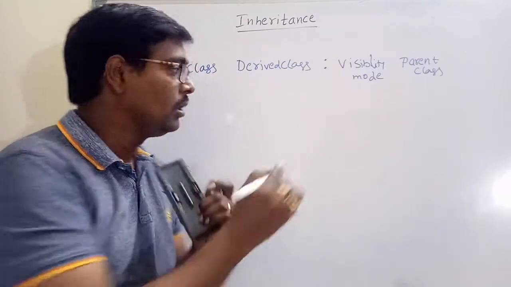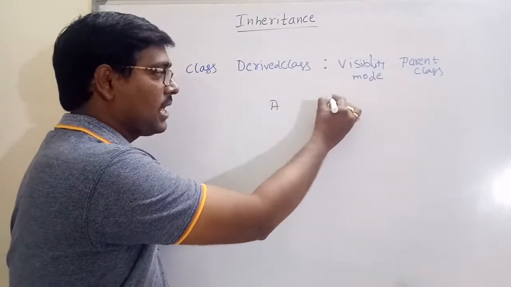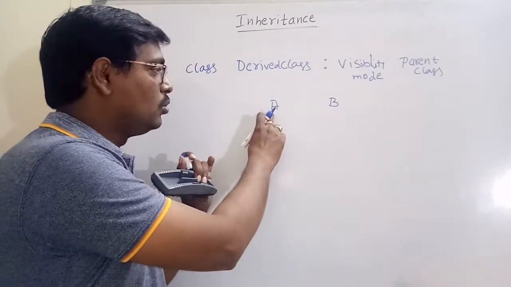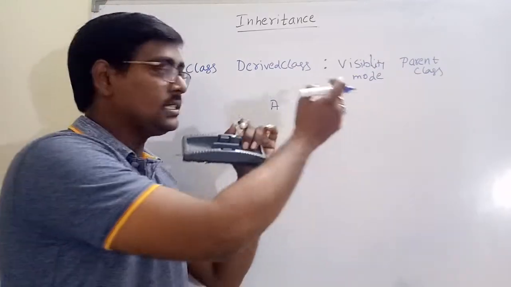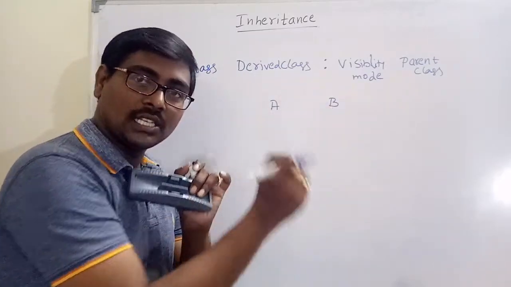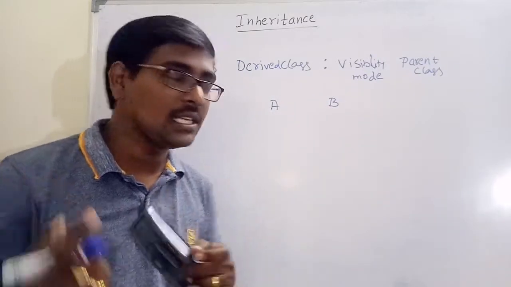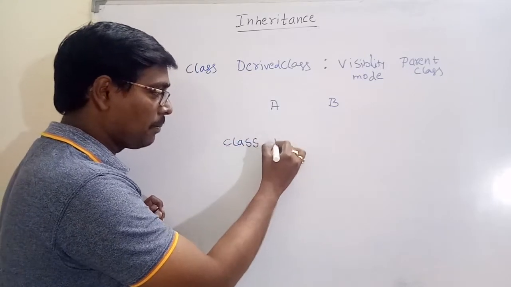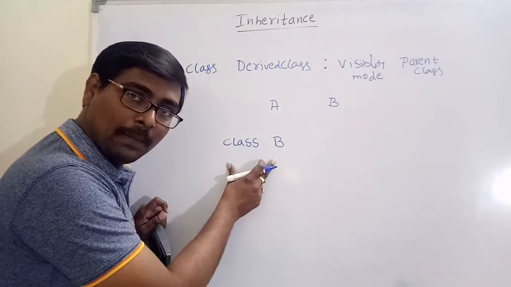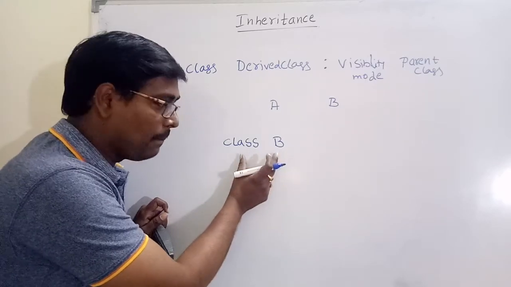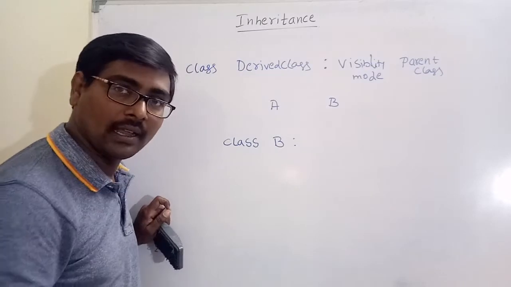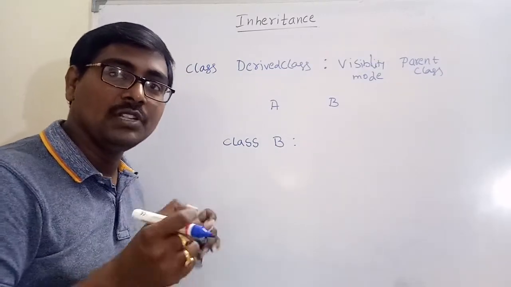For example, we have two classes A and B. Assume A is the parent class and B is the child class. How to make B a child class? We can write like this: class B, colon, visibility mode.